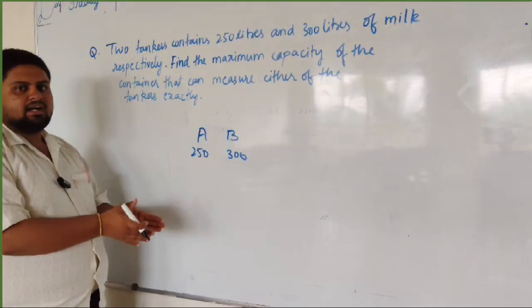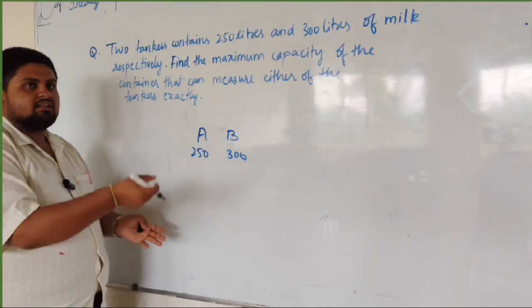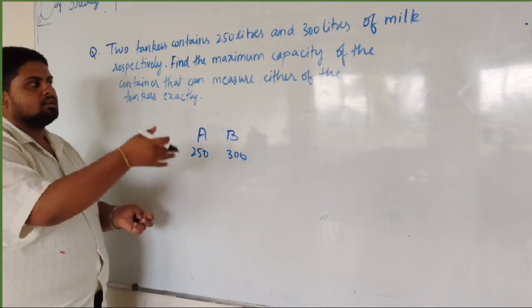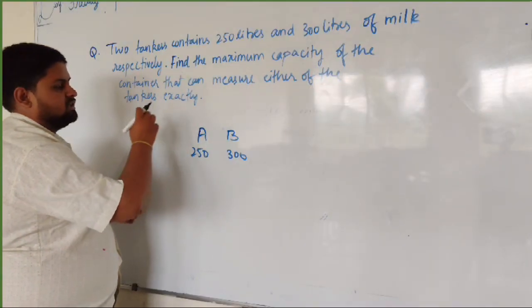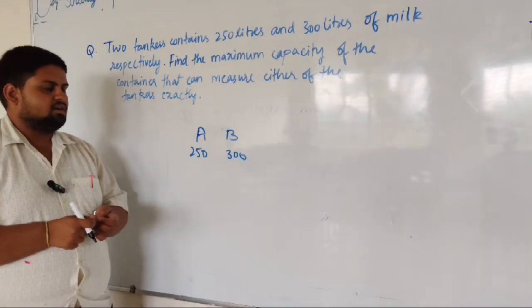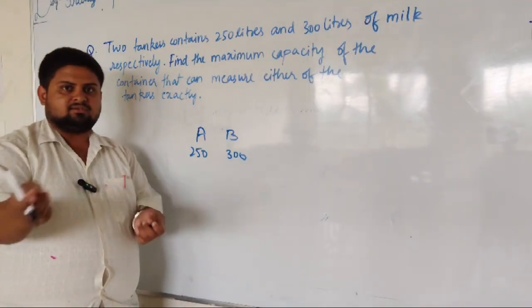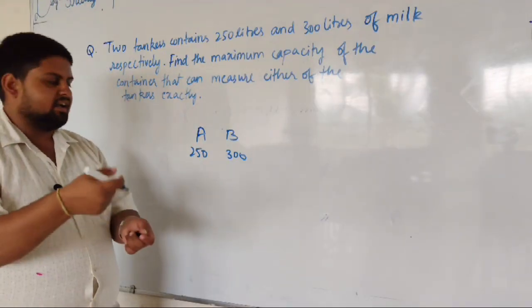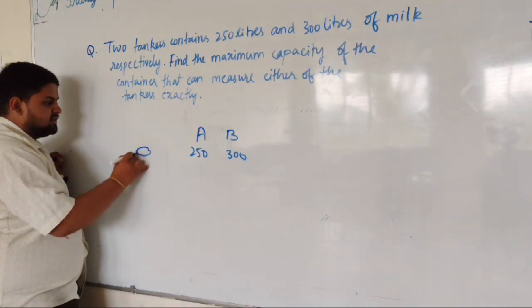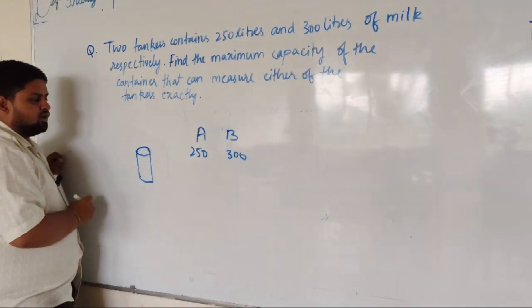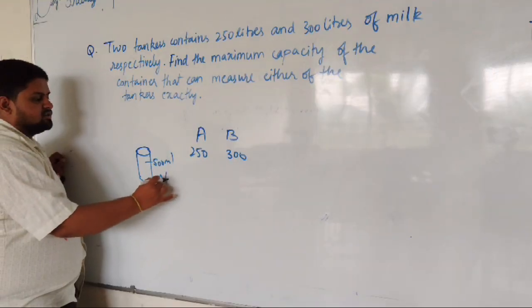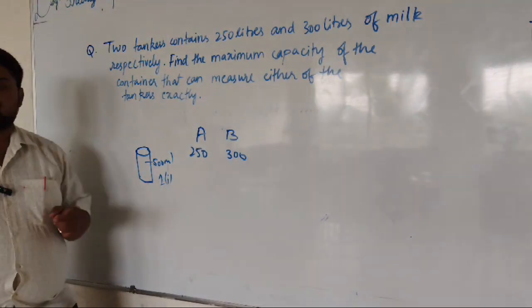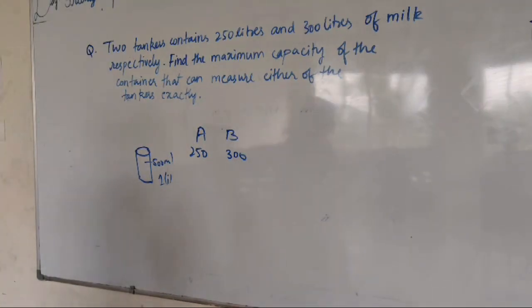There has to be one container that can exactly measure the quantity of milk in both the tankers. Whenever a milkman is giving milk, he'll have a cylindrical container of different volumes, maybe 500 ml, 1 liter, etc. In the similar way, there is one container.